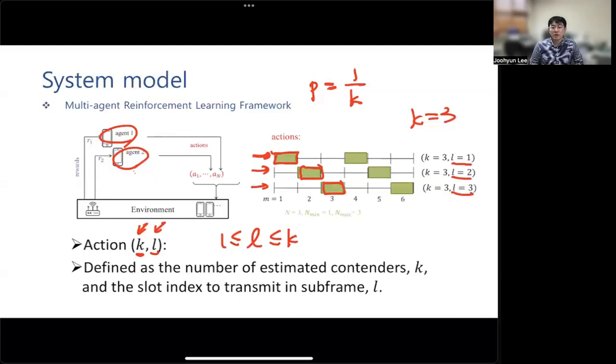So by designing an algorithm where each user avoids the same action as other users, we want to make the transmission strategy such that each user chooses different slots across users.